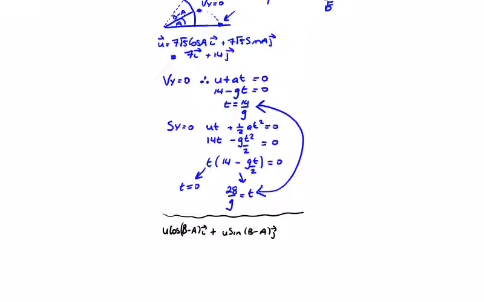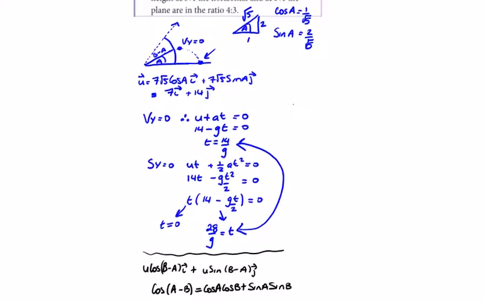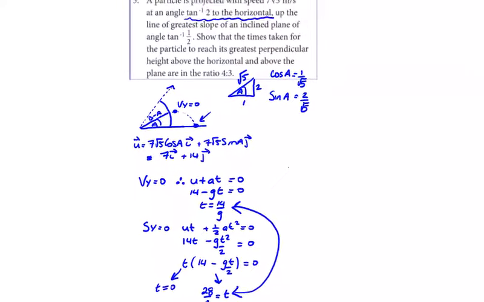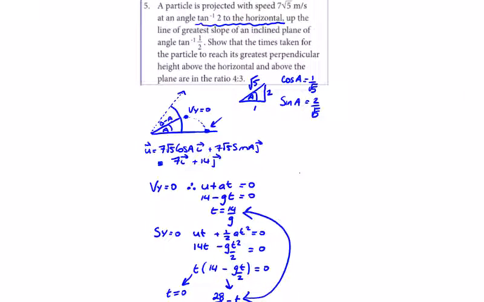We still have the 7√5. Now the cos of (b minus a) is equal to cos a cos b plus sine a sine b. So we have the cos and sine of a, and the angle b, this one we can get, that's going to be the whole angle.